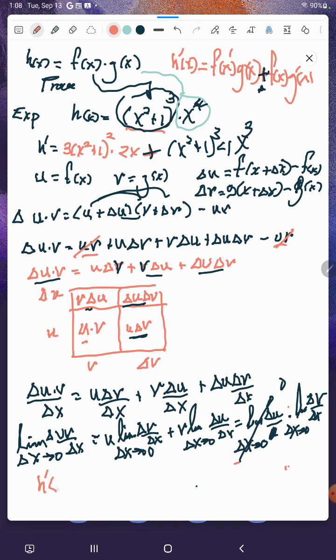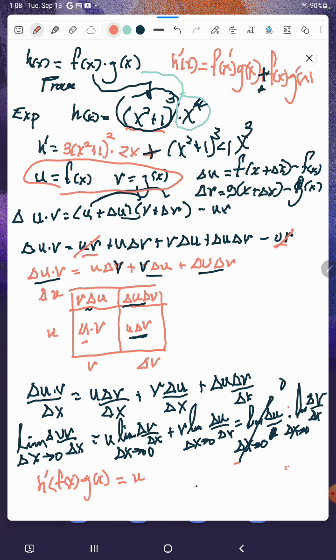Well, instead of f of x, it's u times g of x, remember what I let these things equal. So that's going to be u times the change in v.